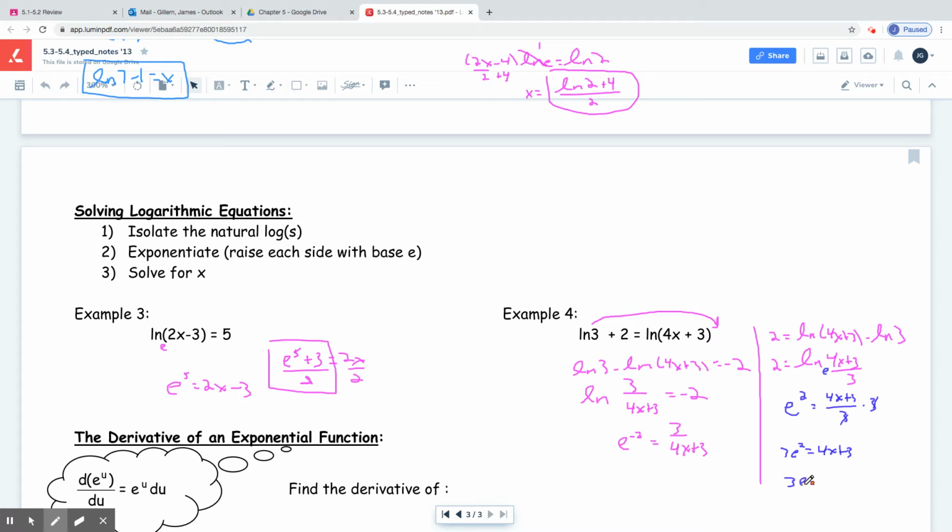We subtract 3 and then divide by 4. And there's our answer, 3e squared minus 3 over 4. All right, you would have gotten that even if you did it the other way, but it's much easier to do it this way.